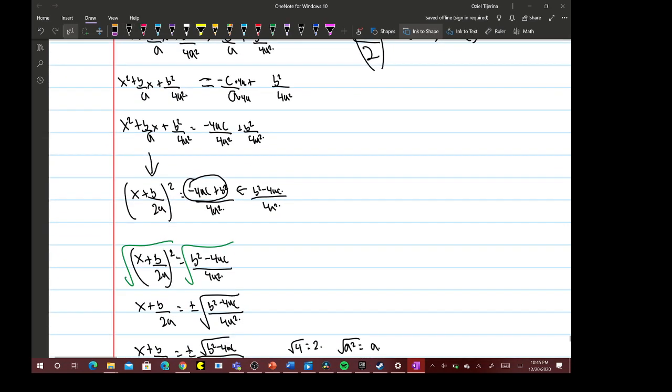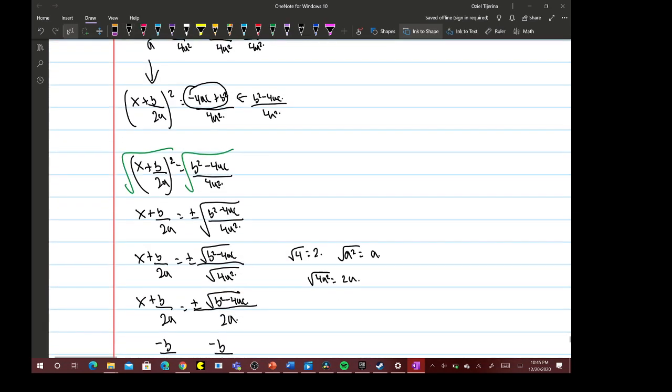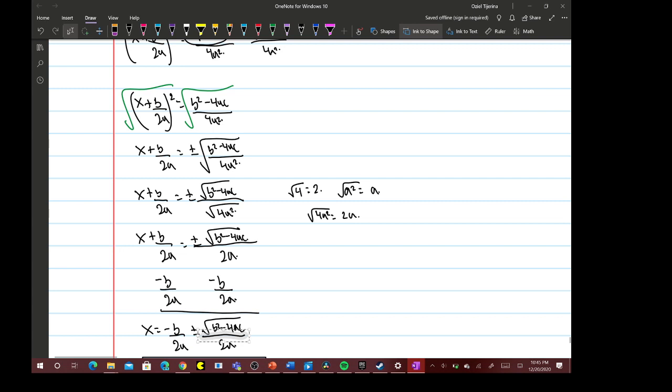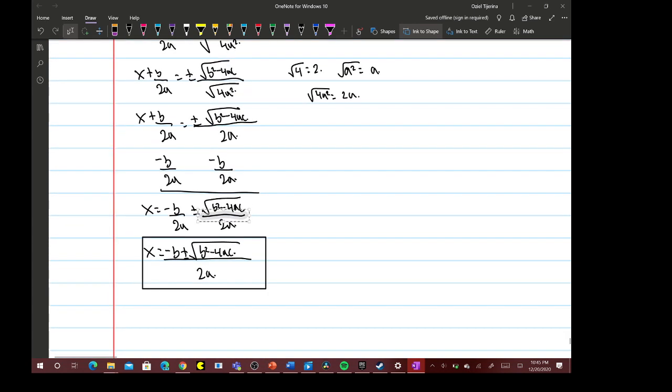So this is just to inform you guys. You don't necessarily have to know how this is all done. This is just for those of you who don't understand why we use this formula for solving quadratic equations.